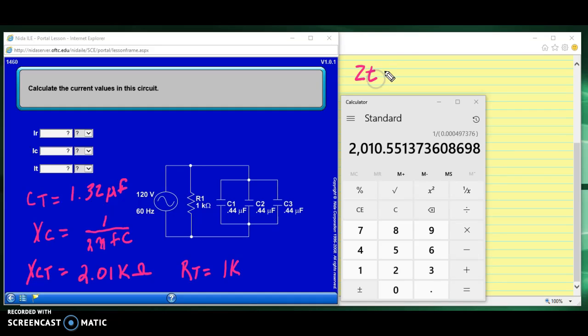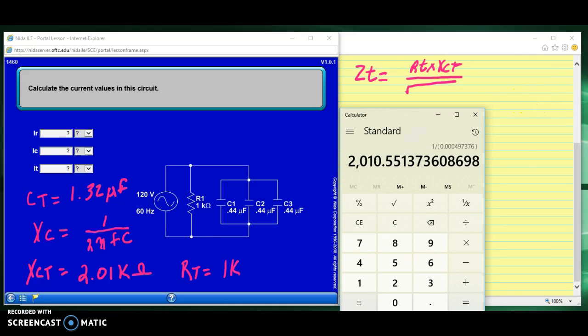ZT is equal to RT times X of CT, and that's a T by the way, over the square root, and I'm going to slide the calculator down a hair so I can write under that and you can still see the calculator. That is going to be RT squared plus X of C squared.